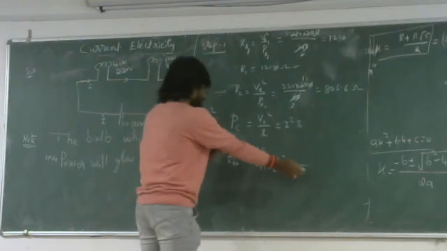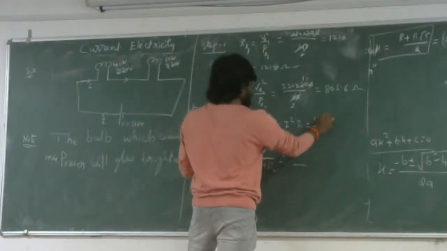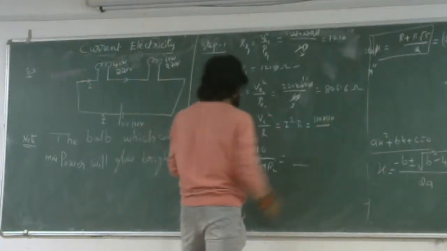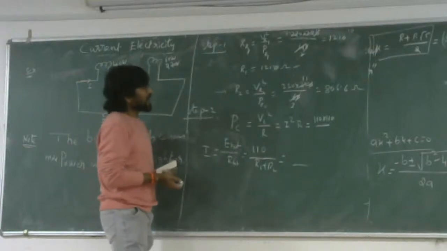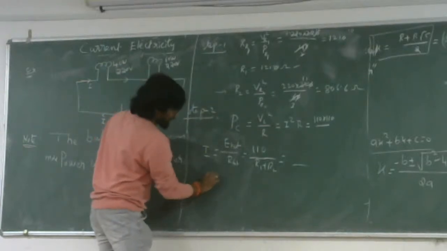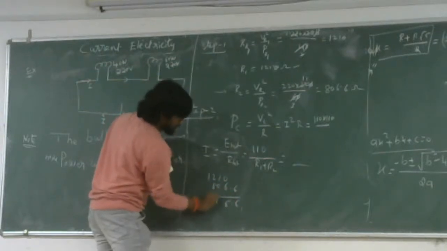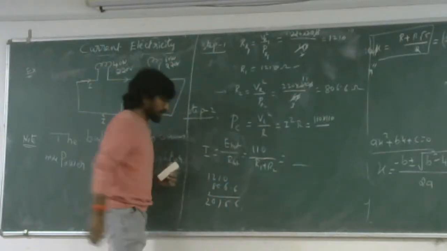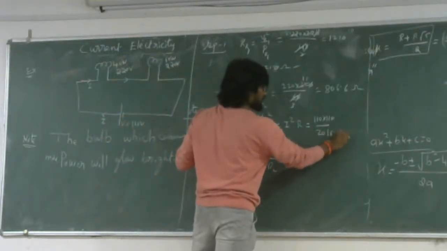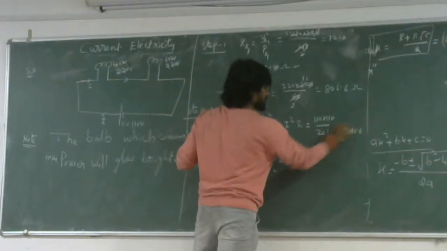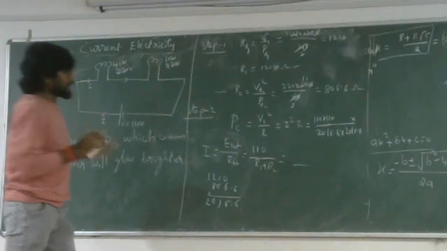So you can write this as 110 into 110 divided by R1 plus R2 values. You can find out R1 plus R2: 1210 plus 806.6 is 2016.6. So 110 into 110 divided by 2016.6 into R. What is this in general?